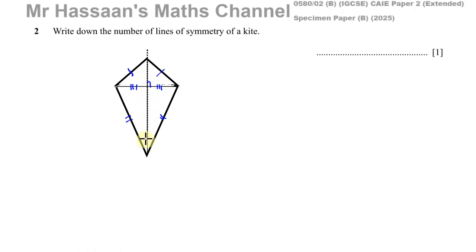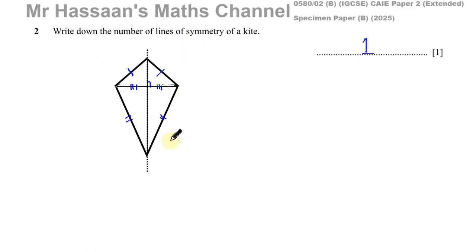So this line is called the line of symmetry, and it has one line of symmetry only. So, write down the number of lines of symmetry of a kite. There's just one, which is this. Folding one side over the other, if it was drawn as a proper kite, one side would fit exactly over the other.